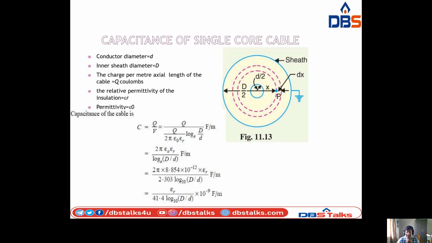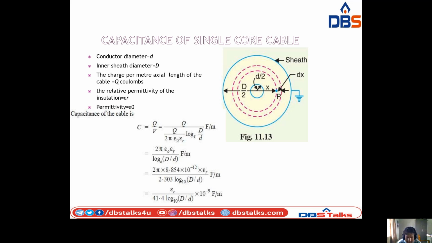Here small d is the conductor diameter, capital D is the inner sheath diameter, q is the charge per meter axial length of the cable, and epsilon r is the relative permittivity and the permittivity is epsilon naught.